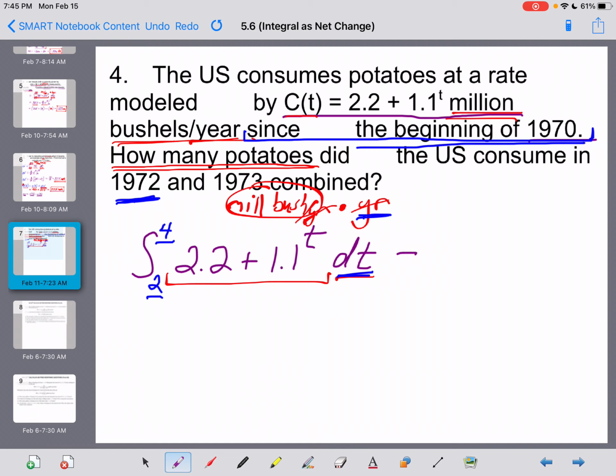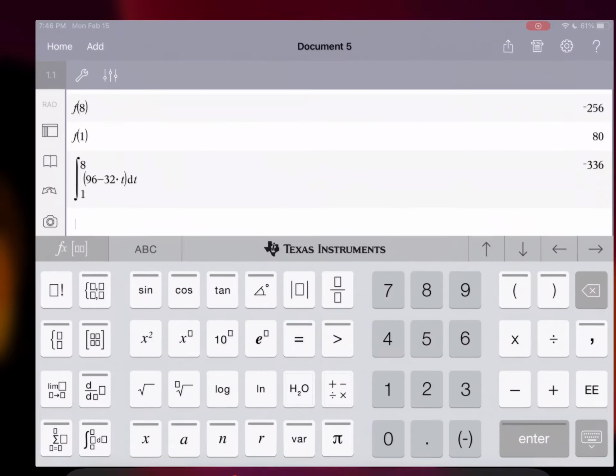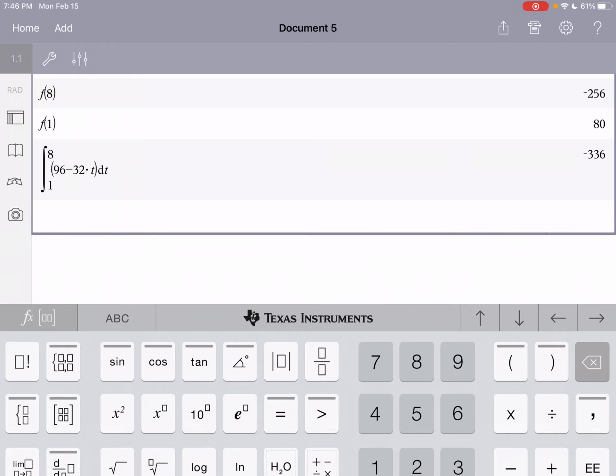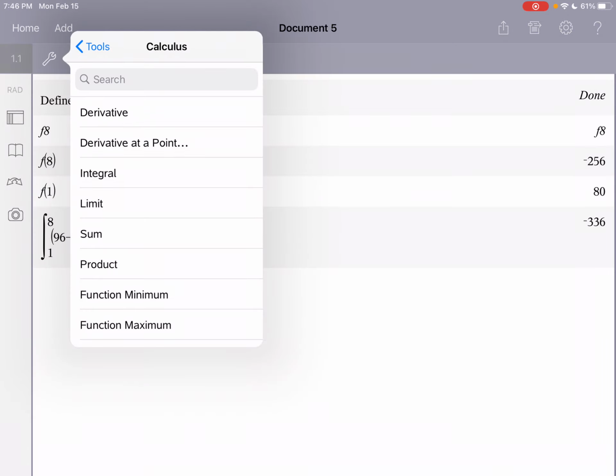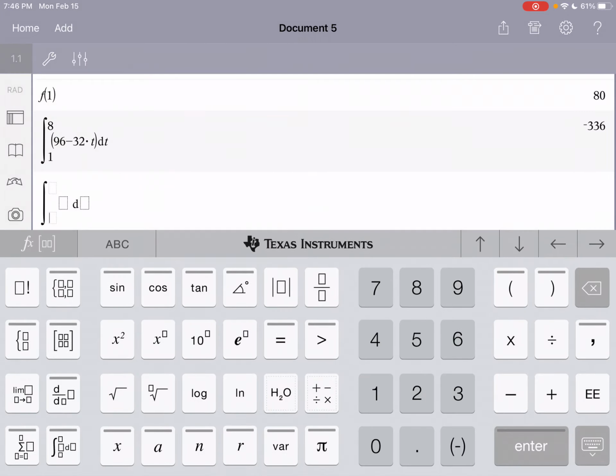And this one, guys, with anti-differentiating an exponential function with something other than e for the base, I think we're just going to go to the calculator and let it do the hard work for us. So again, I'm going to go to my tools menu. I'm still in calculus. I'm going to do an integral from 2 up to 4, and our consumption function was 2.2 plus 1.1 caret key, there we go, to the t.